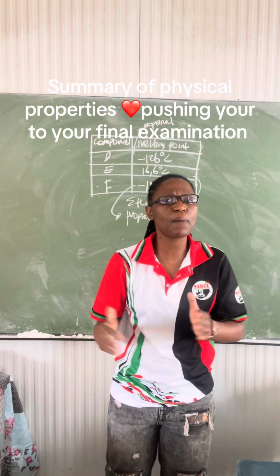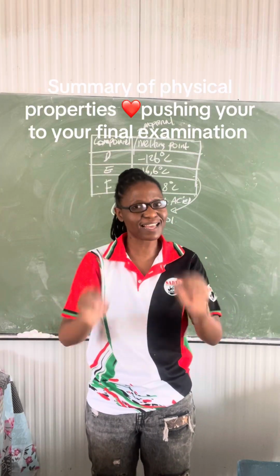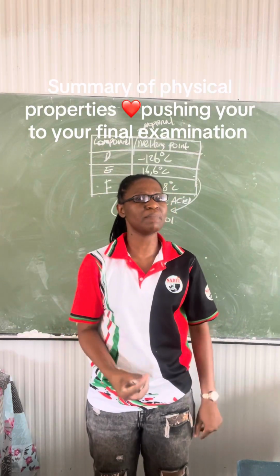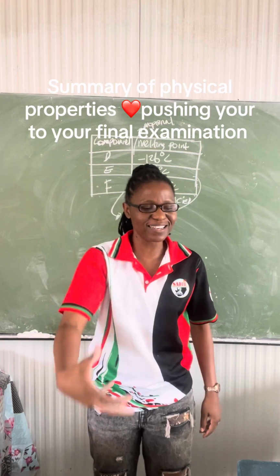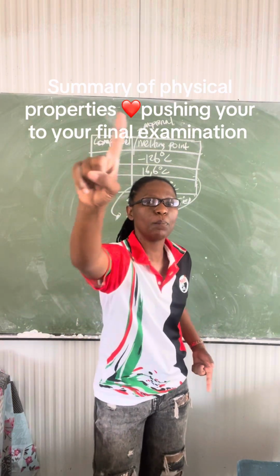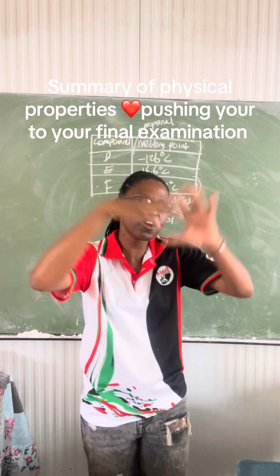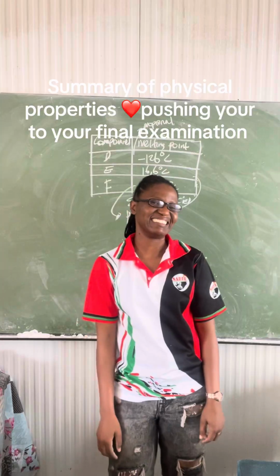Secondly, say something about the site, S-I-T-E. Tell the examiner or the marker that you as a learner understand that alcohols have one site for hydrogen bonding, while the carboxylic acid has two sites for hydrogen bonding, the site.